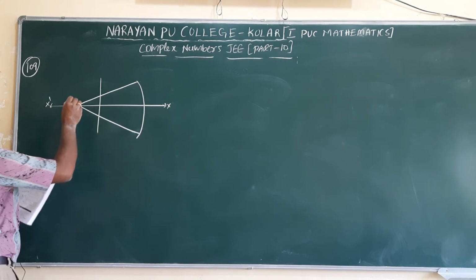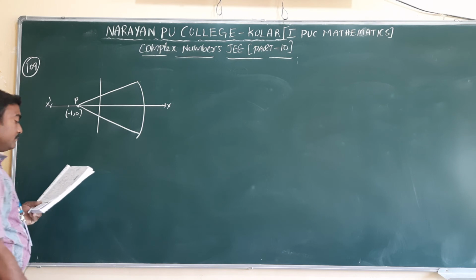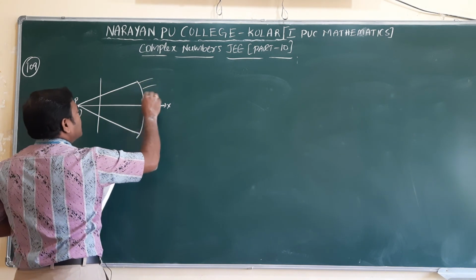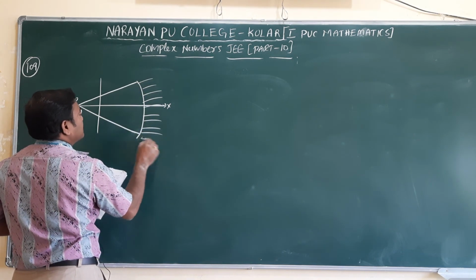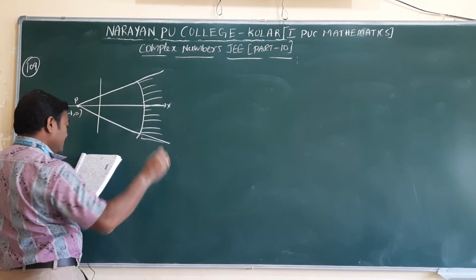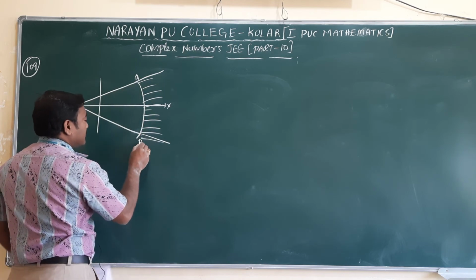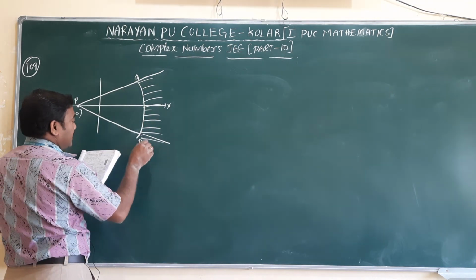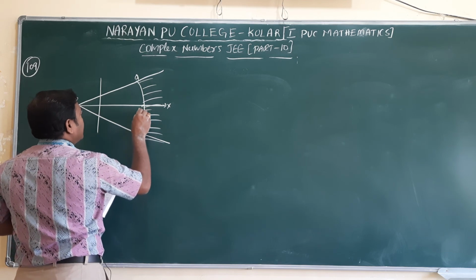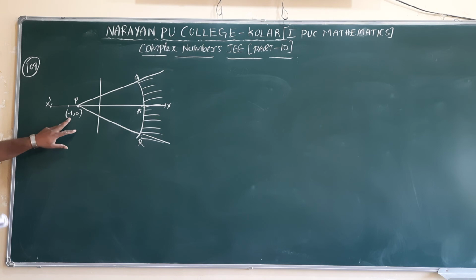Here the point P is minus 1 comma 0, and the shaded region is bounded by the infinite rays, with points Q, R and A on the arc.